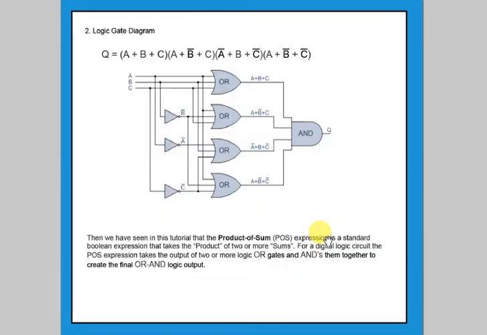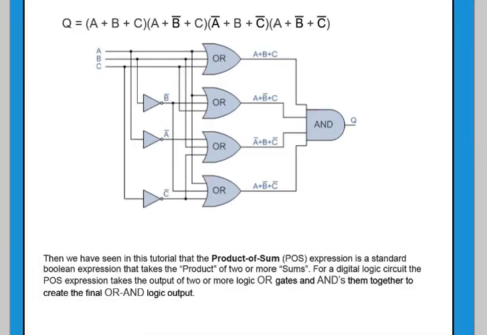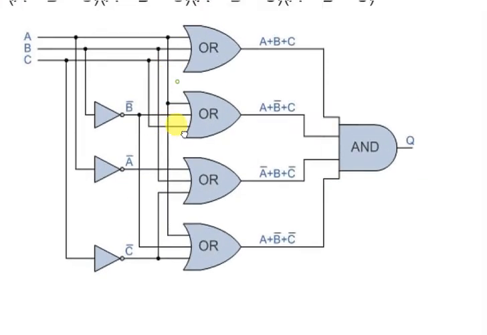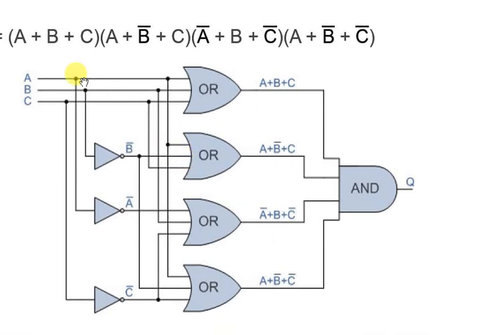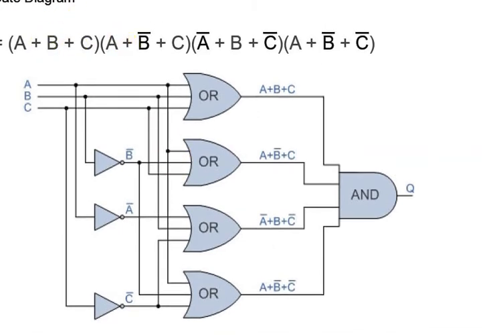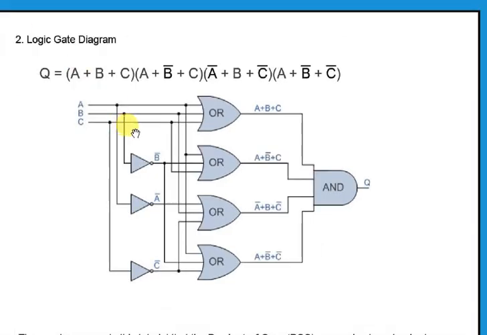Now this is the logic gate diagram. Let me expand it once more. Okay, you can see this. Let me bring it back. So we have the logic gate diagram for these sums: A plus B plus C, A plus B complement plus C, and so on, which are being multiplied.